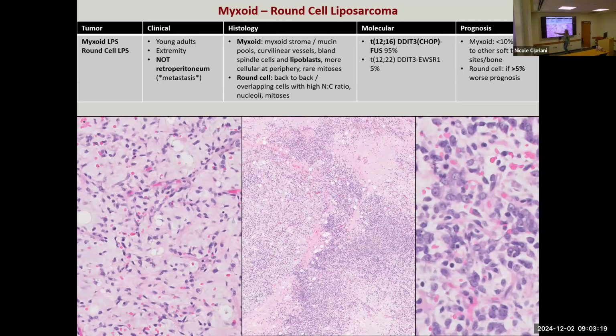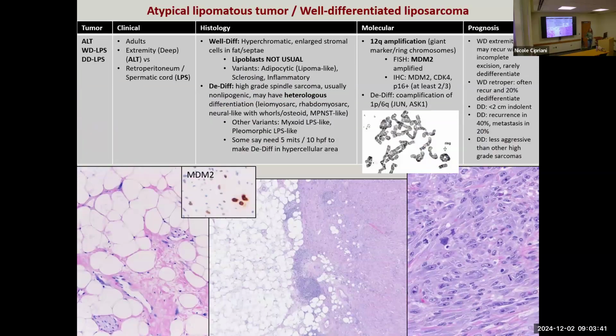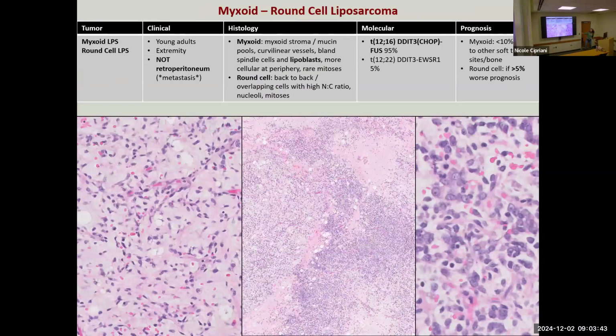If you see something like this in the retroperitoneum, what is it? It's either a metastasis of a myxoid round cell from the extremity, or it's an MDM2 problem, a dedifferentiated liposarcoma. Myxoid does not occur primarily in the retroperitoneum, but your well-differentiated to dedifferentiated liposarcoma spectrum can look like this in the retroperitoneum.